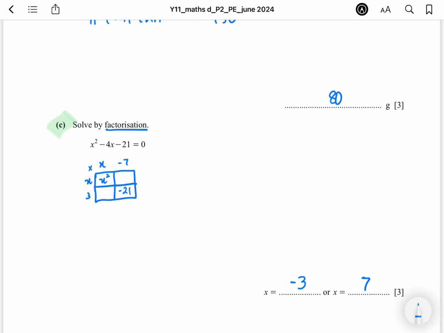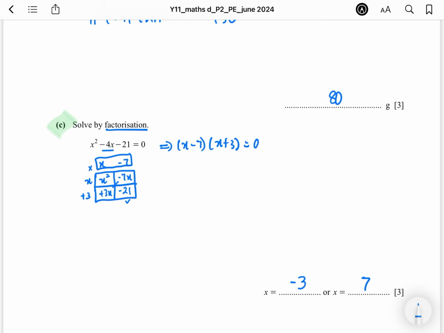That will give you minus 21. Fill in here, minus 7 times x, minus 7x plus 3x, and this one, if I simplify it, I get minus 4x. So that means my first factor would be x minus 7, and the second factor is x plus 3.